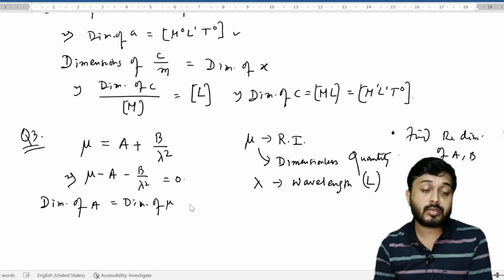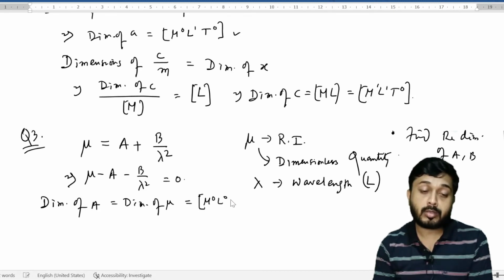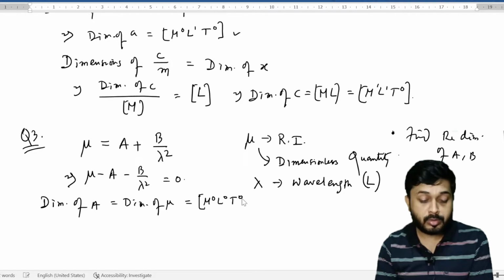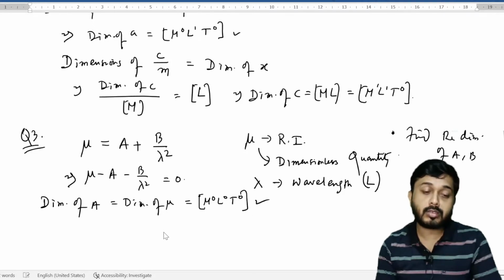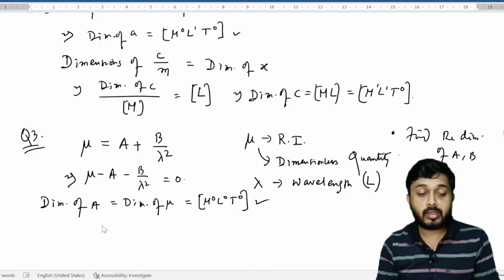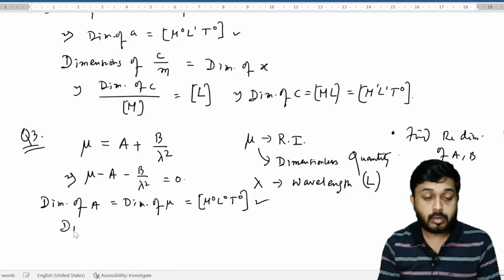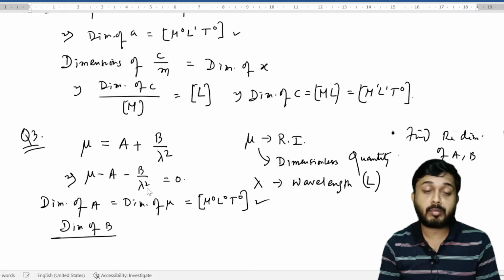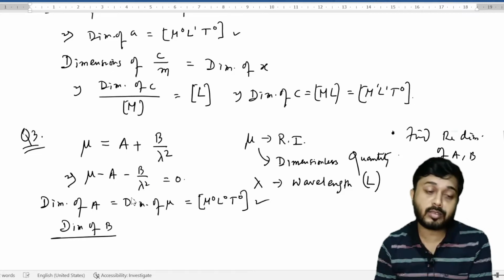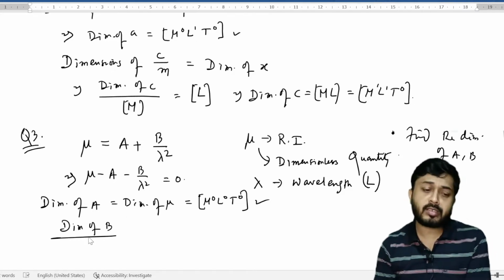So in place of the dimensions of mu, all we can write is M to the power 0, L to the power 0 and T to the power 0. Okay, and this is our first answer. And then we can write dimensions of b by dimensions of lambda square. What is lambda? It is nothing but a length.